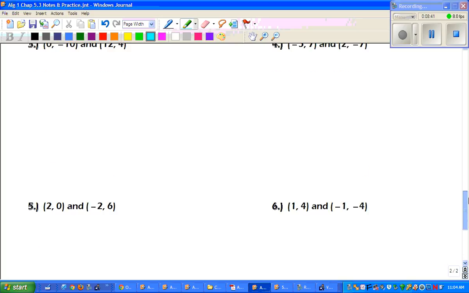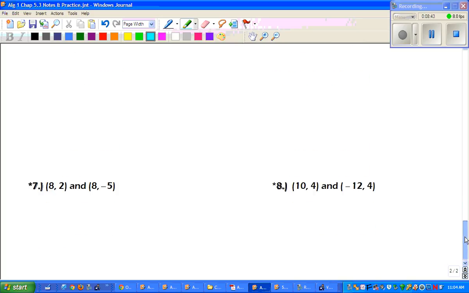All right, let's take a look at 7 and 8, because both of those have asterisks on them, so that means there's got to be something kind of special about them. So, first thing, find the slope. Okay, 2 and negative 5 go on the top, and then 8 minus 8.